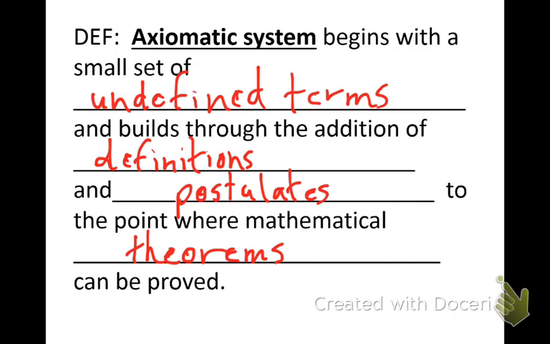Postulates are rules that are not proven. Theorems are rules that are proved using postulates.